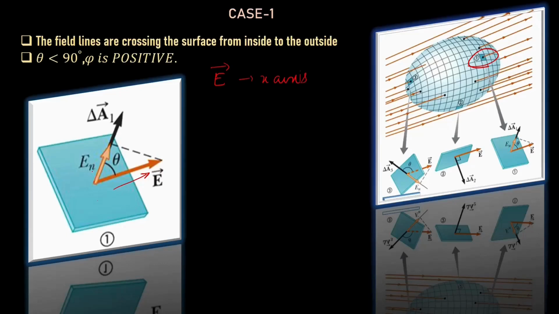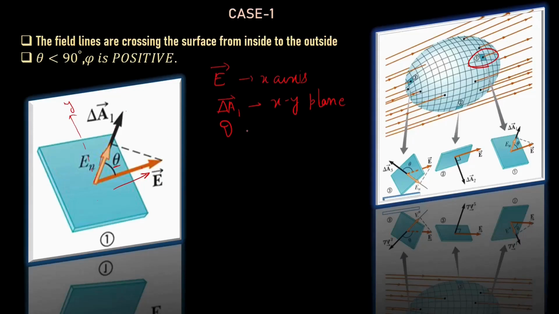If we draw a perpendicular here, the area vector delta A1 will be pointing somewhere in the xy plane. You have to keep this in mind: although the angle is not known, let us suppose theta is the angle between the electric field vector and the area vector.